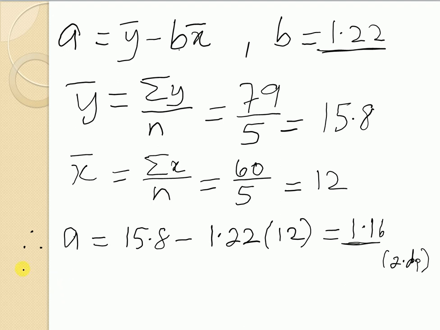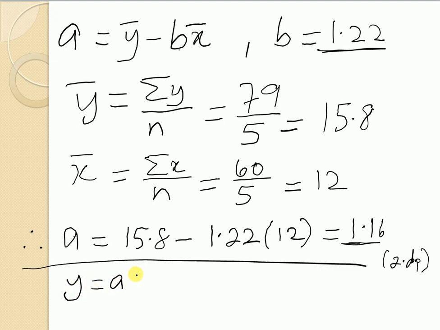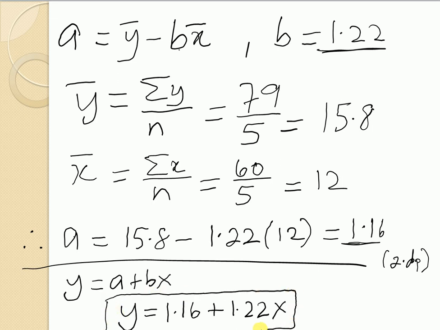So again, general formula, y equals a plus bx. So the equation of the regression line would be y equals 1.16 plus 1.22x. And this here is called the regression equation of the line y on x.